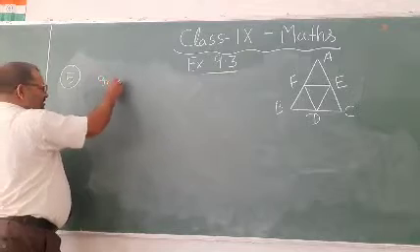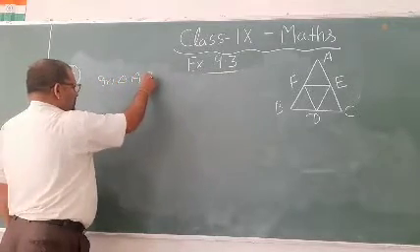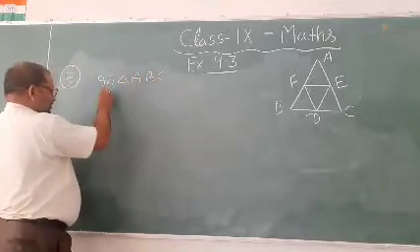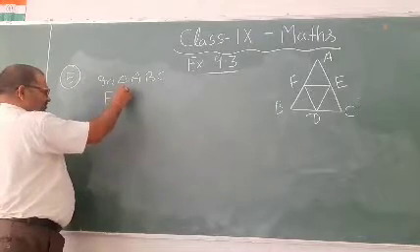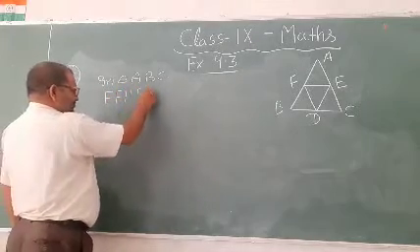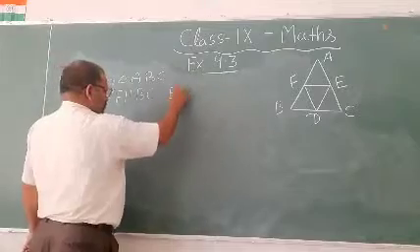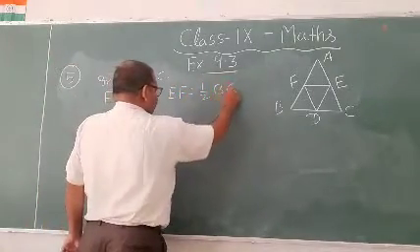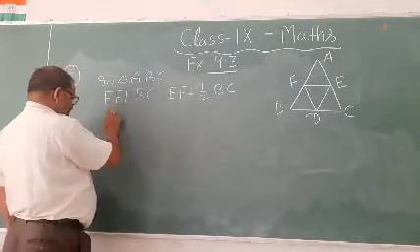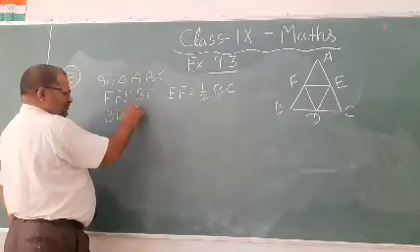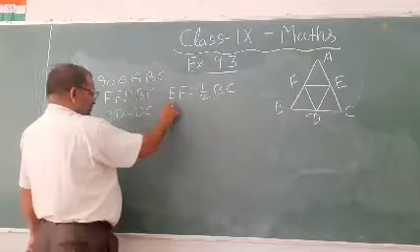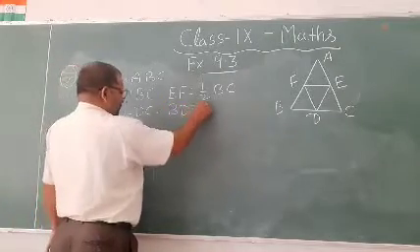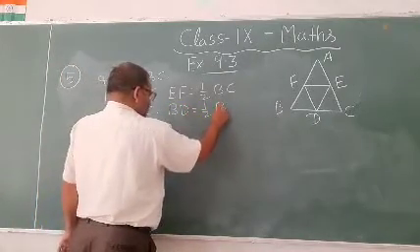In triangle ABC, EF is parallel to BC, so EF equals 1/2 BC, and BD equals DC, so BD equals 1/2 BC.